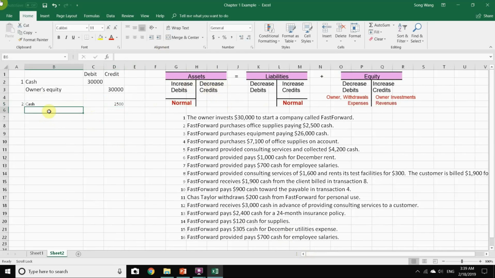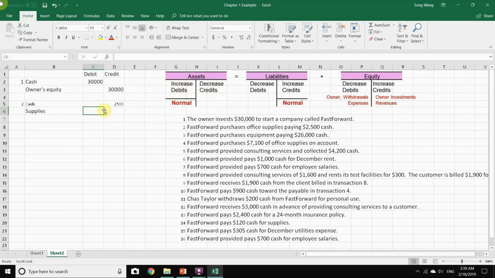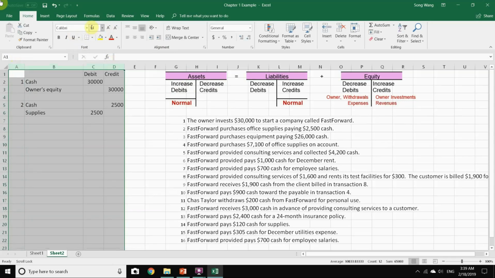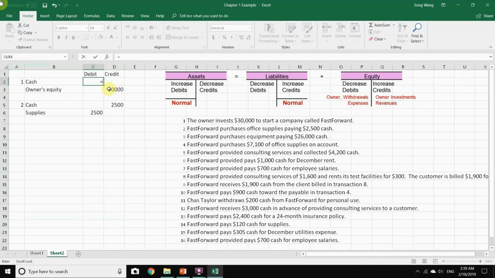And then what happened to your supplies? The supply increase, and that should be a debit. So supply increase, that's 2,500. And for this font, I want to make them 14 size. And also for this one, just want to link them together, make sure it's the same number.